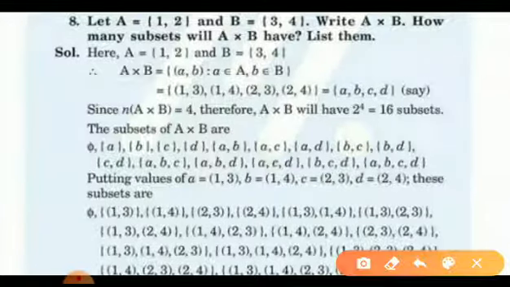First it will be the empty set. Then the whole set A cross B itself. Then the singletons: 1 comma 3, 1 comma 4, 2 comma 3, 2 comma 4. Again combinations of 2, then combinations of 3, and the last, the whole set itself. So you should write all the subsets of the given set A cross B. Hope this is clear to you.